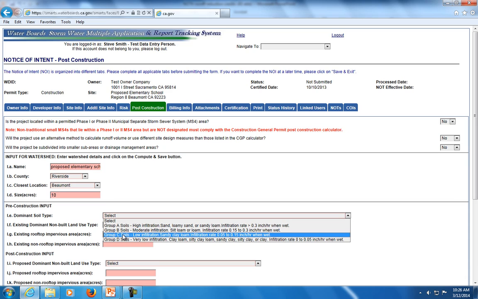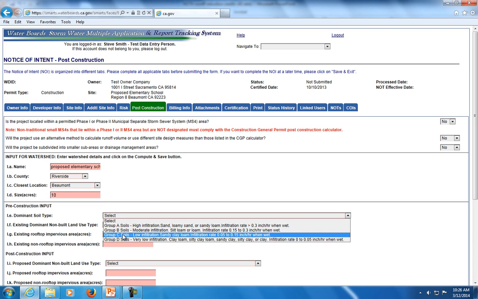The other place to look for that information would be the drainage study. If you have a drainage study that's been produced for a particular project, you will probably have the hydrologic soil group in there. It's worth mentioning that the runoff prediction method within the calculator is called the runoff curve number method, generated back in about the 1980s by the U.S. Department of Agriculture to predict runoff volumes.